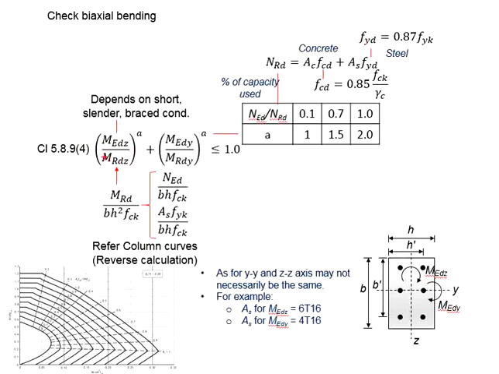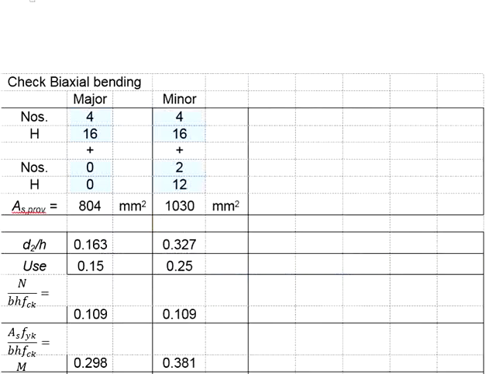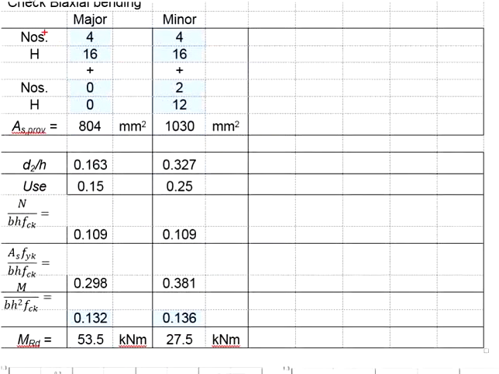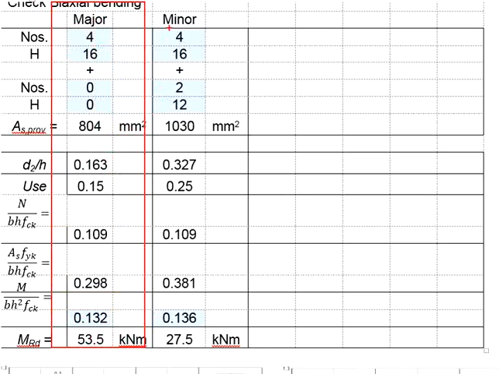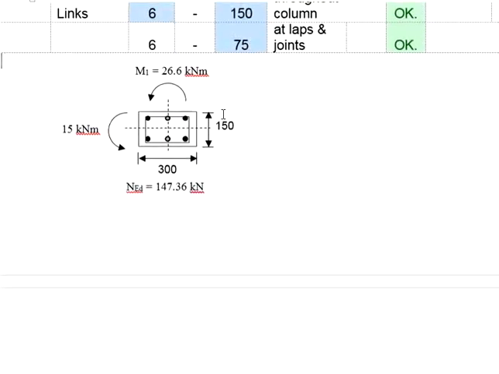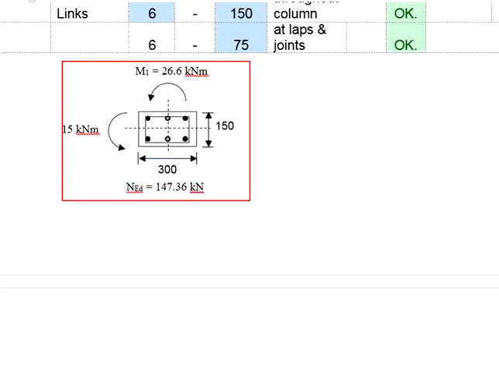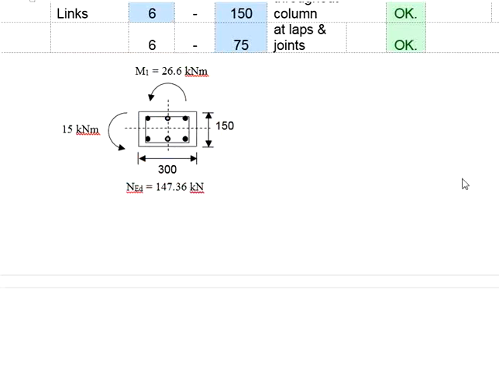The calculations will be separated for the major and the minor axis. This brings you to do separate calculations for the major and the minor axis. Now, how the reinforcement bars are arranged will be critical, especially the locations of these two H12.